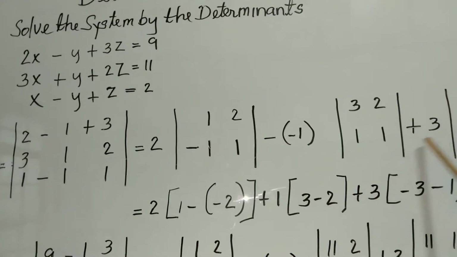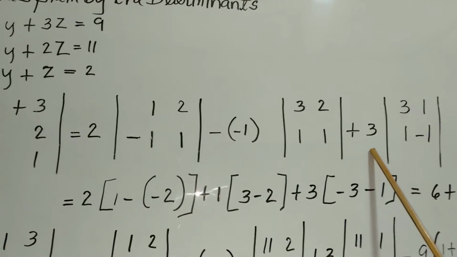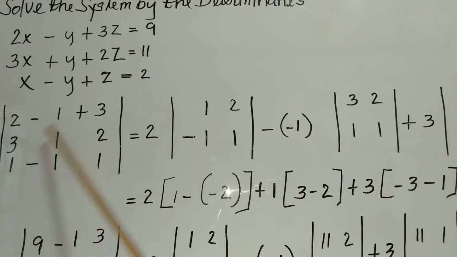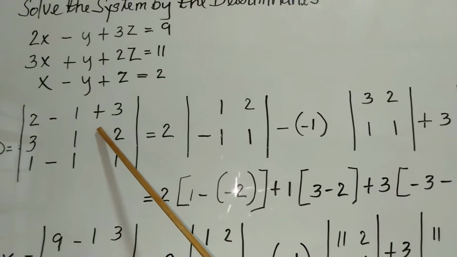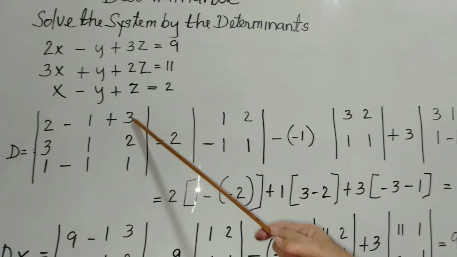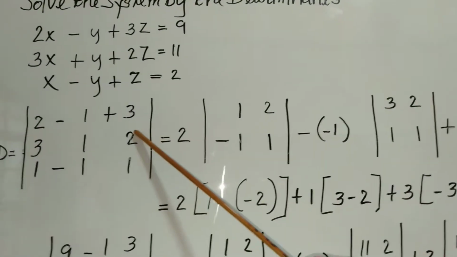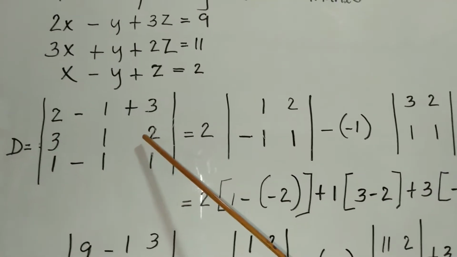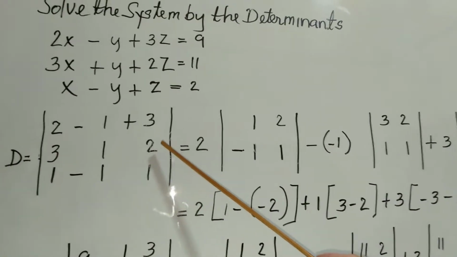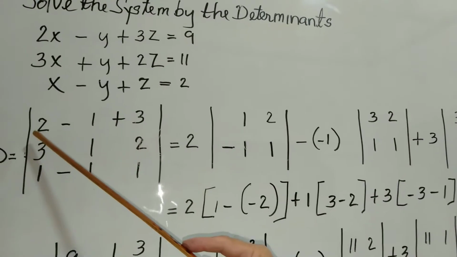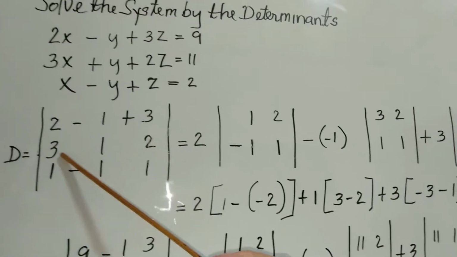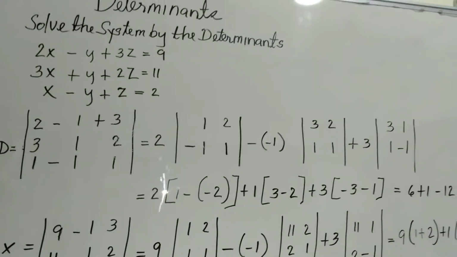And also plus 3 times 3 and 1, and 1 minus 1. We're just avoiding the coefficients that are not used. For example, on the number 3, we will avoid 2 and 1 and also this line here. So we use 3 and 1, 1 and minus 1.